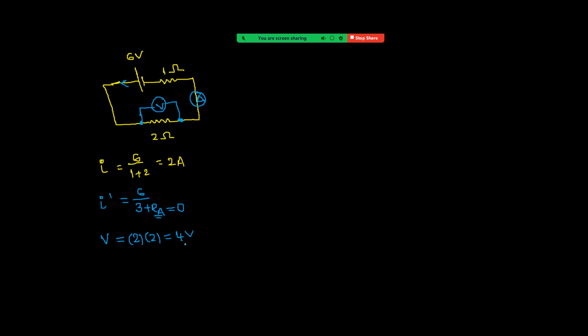Okay, this is possible if no current is passing through the device, and that is possible only if this device is having infinite resistance. But practically, infinite resistance is not possible. So condition is that voltmeter must have very high resistance. The more is the resistance, the more accurately it measures a potential difference. Okay.